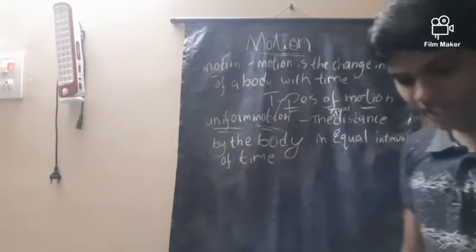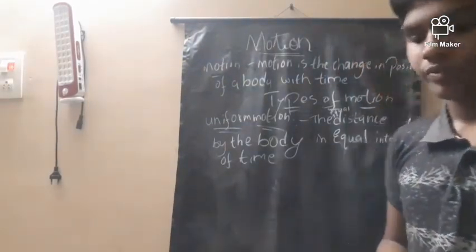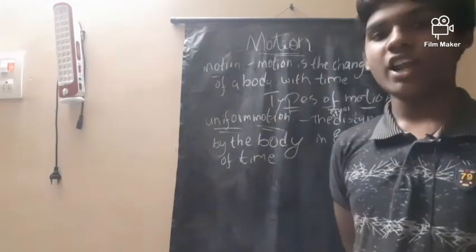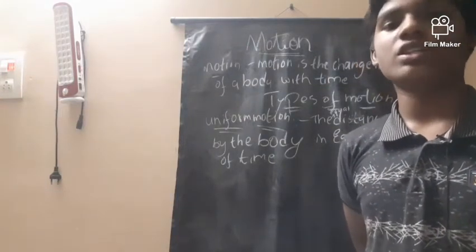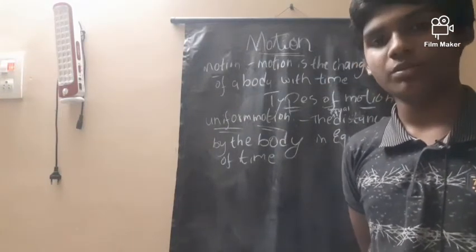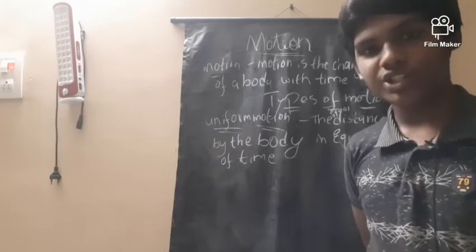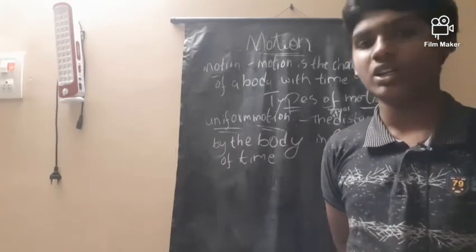Take another example. A body travelled 10 meters in 10 minutes, 20 meters in 20 minutes, 30 meters in 30 minutes, like that. Equal distances in equal intervals of time, both are equal.